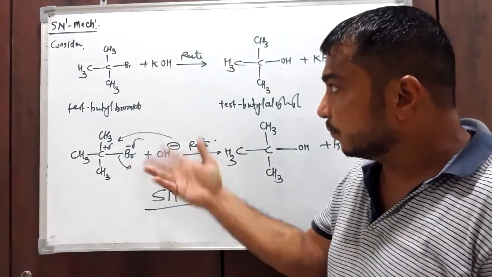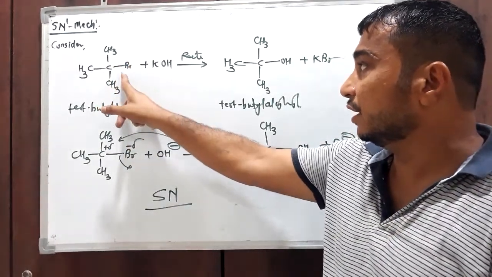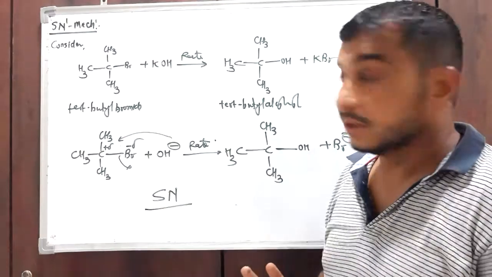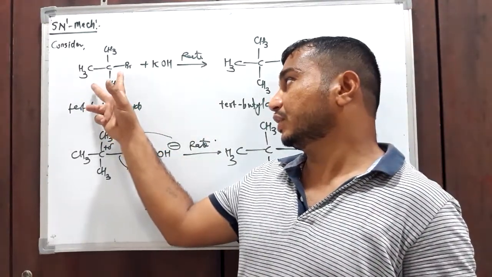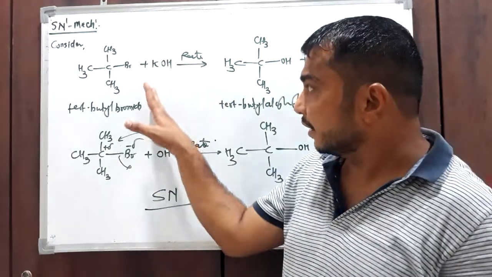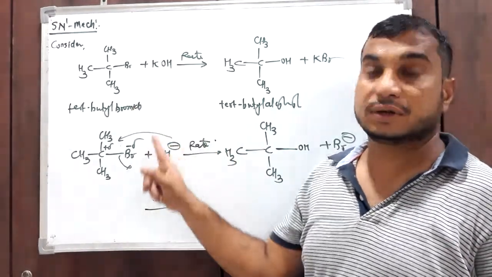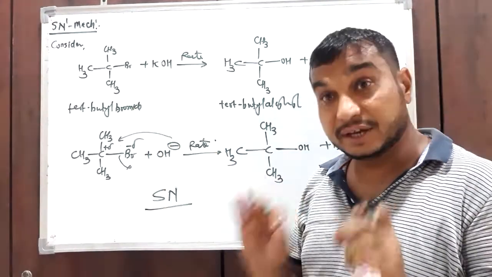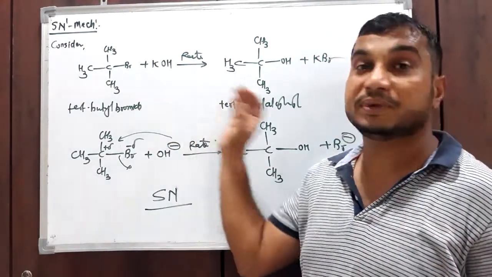If we increase the concentration of tertiary butyl bromide, the rate increases, and if we decrease it, the rate decreases. If we increase or decrease the concentration of KOH or OH minus ion, there is no change in the speed of the reaction.